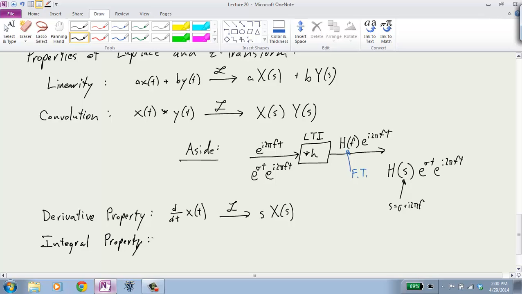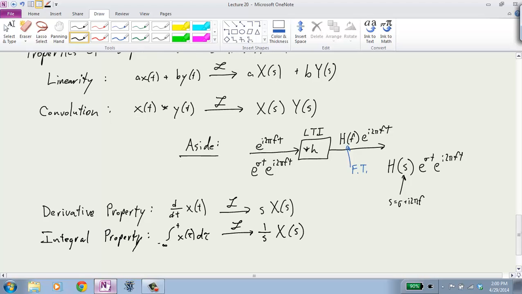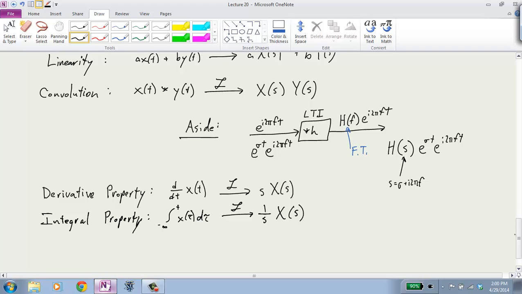And for the integral as well. Since these are inverses, you just get this. However, in this case, the new region of convergence is whatever the region of convergence was for x of s. In addition, you need the real part. Now you have a pole, right?